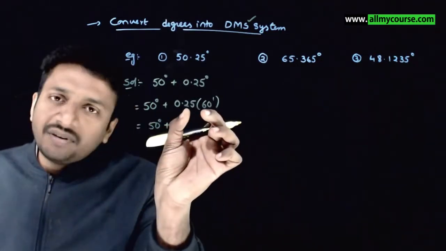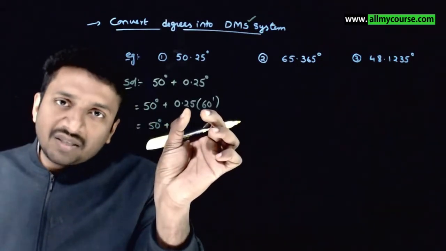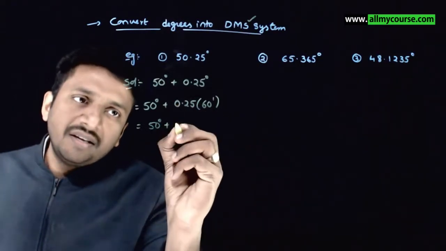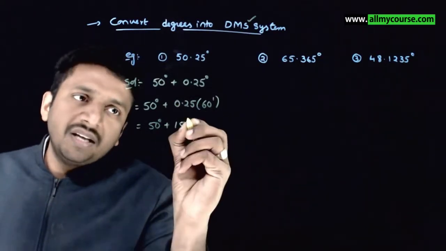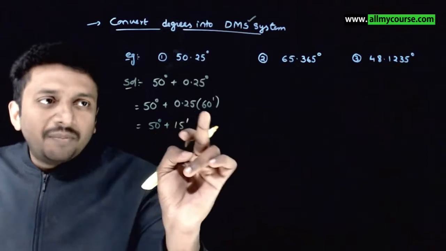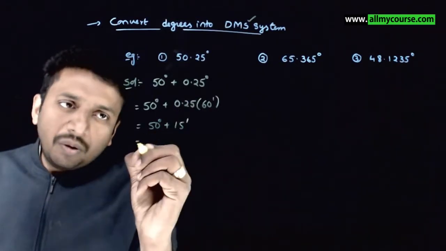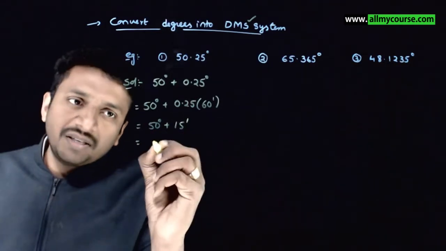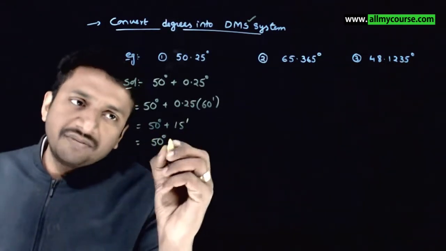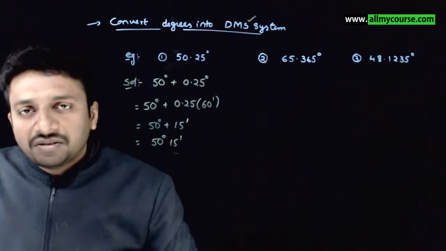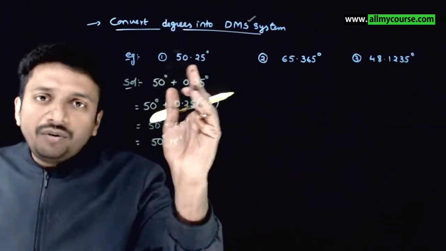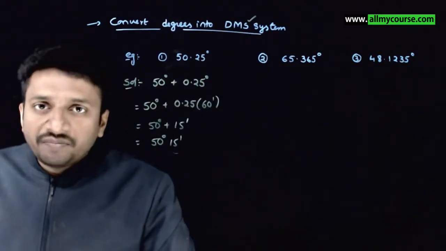So 25 into 6 is 150, so you have 1500. That is 15 minutes. So 0.25 into 60 is 15. So you have 50 degrees and 15 minutes. So 50.25 degrees is 50 degrees 15 minutes.